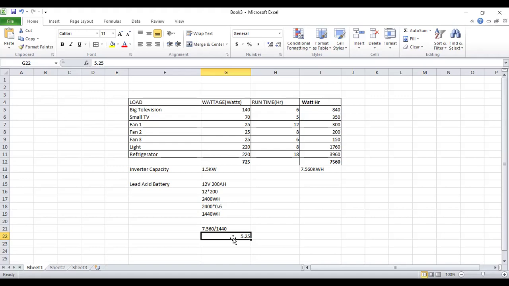You now look at it as an engineer. Mostly 1.5 kilowatt inverters come in a 24 volt system. They accept 24 volts, the ones available in the market. It's only recently that we're seeing 1.5 coming with 12 volts.